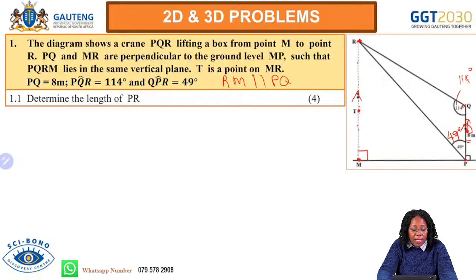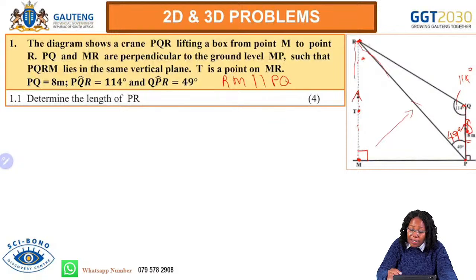All right, the first question says determine the length of PR. Now we want the length of PR, which is the side opposite this angle here. And the only thing we have here is this side. That means now we can calculate this angle here because of these parallel lines.